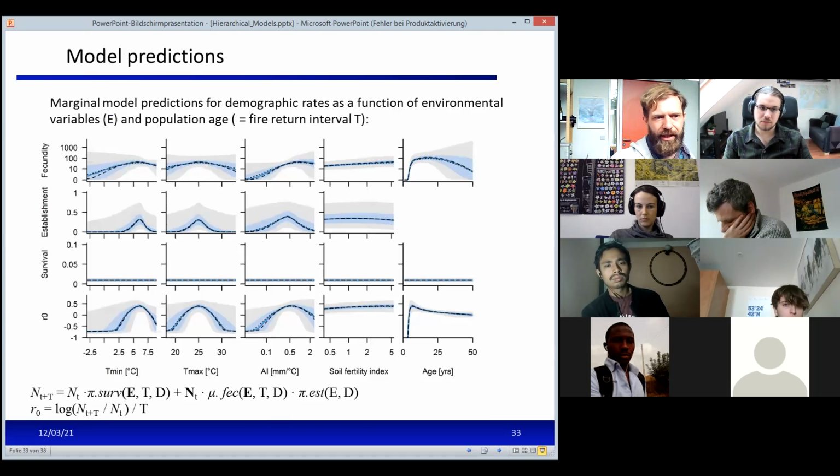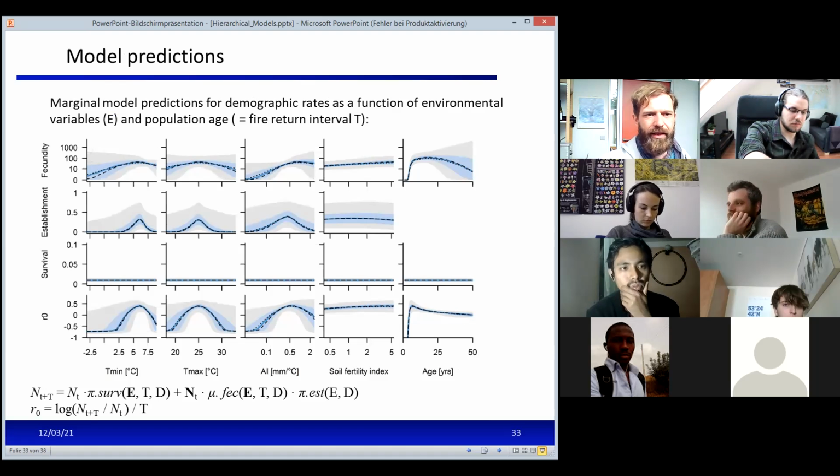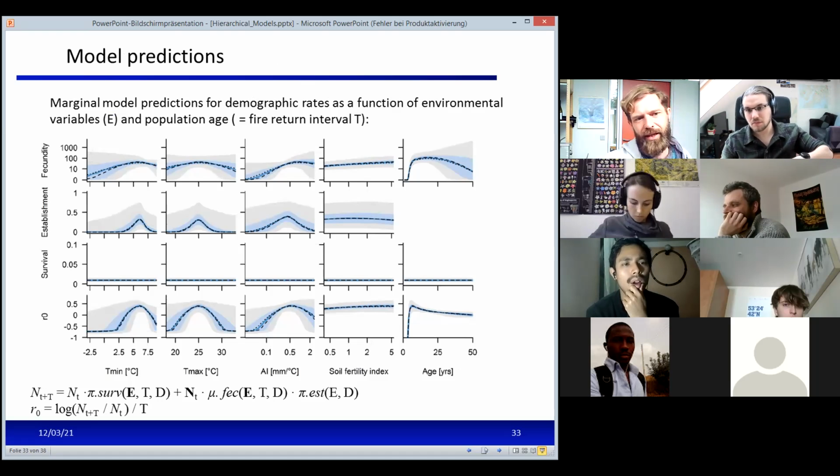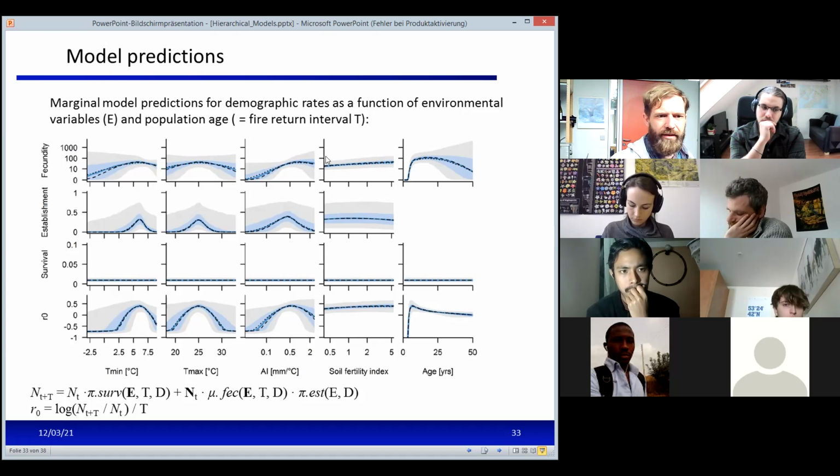When we then looked at our model predictions, we again were not really interested in, say, these latent variables for the predicted fecundity for our specific study sites, but more in the general predictions for variation in our demographic rates across these environmental gradients, and that's what I've depicted here in the first 3 rows.